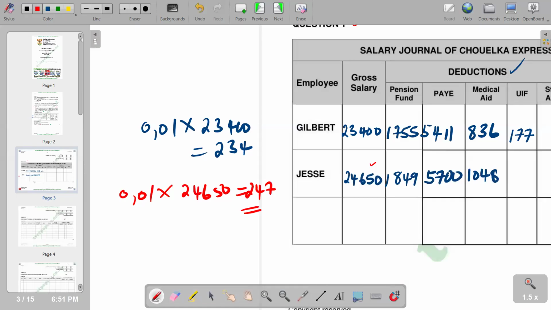So we also take 177 for Jesse. But if we got something like 156, which is below 177, we are supposed to put 156. So basically, this is on UIF.